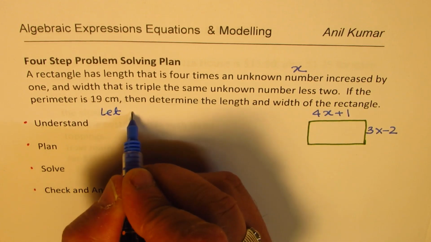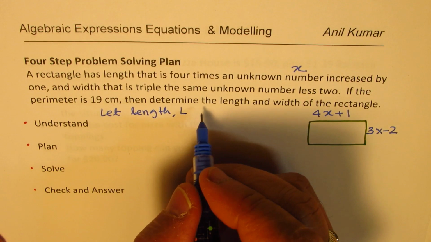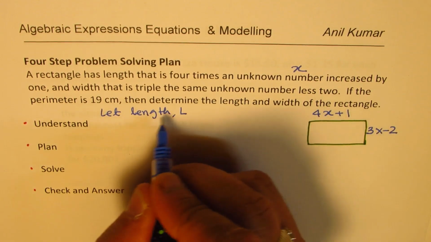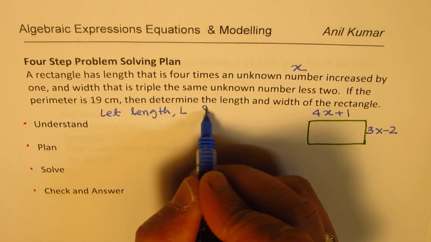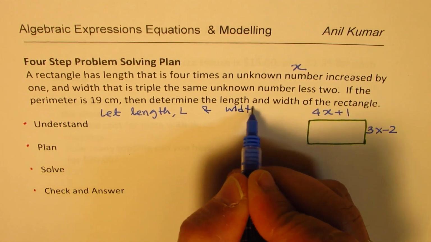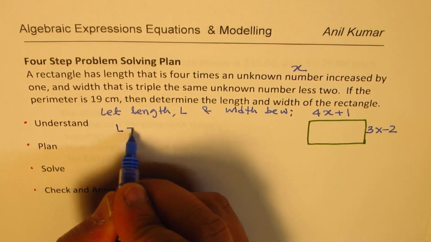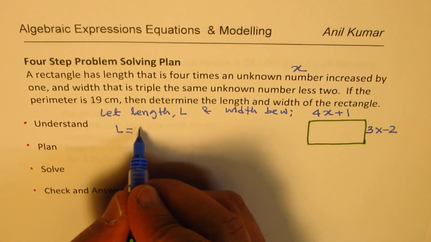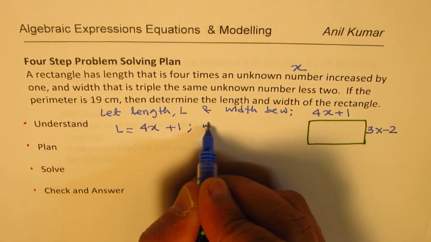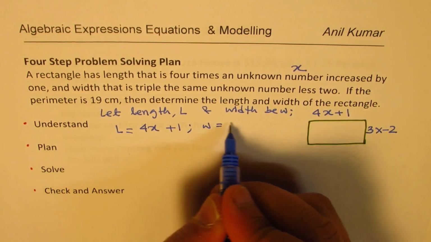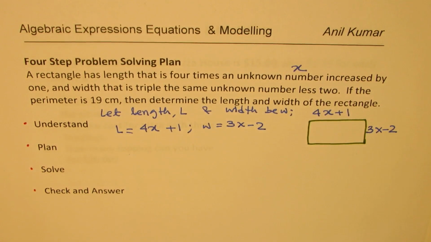Say let length be L and width be W, right? So we know length is 4 times a number x plus 1 and the width is 3x minus 2 as given in the question.